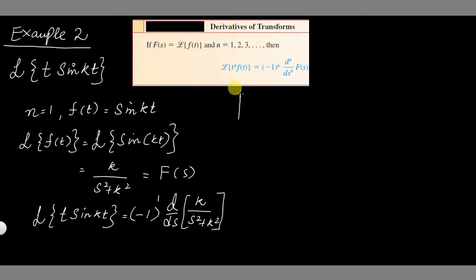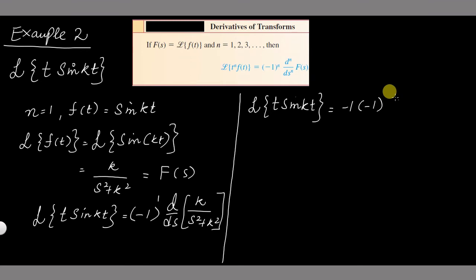Now just take the first derivative of this function. So the Laplace transform of t sine of kt will be minus 1 times the derivative of this function, so it will become s square plus k square raised to the power minus 2 into 2s, and this k we can write over at the end.